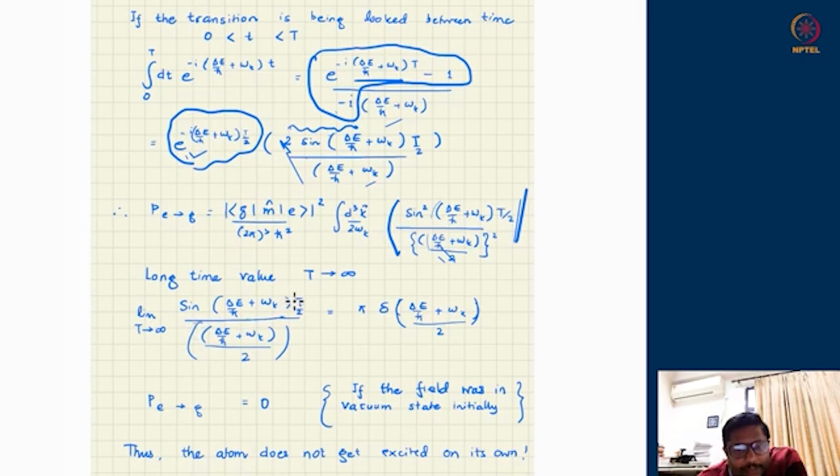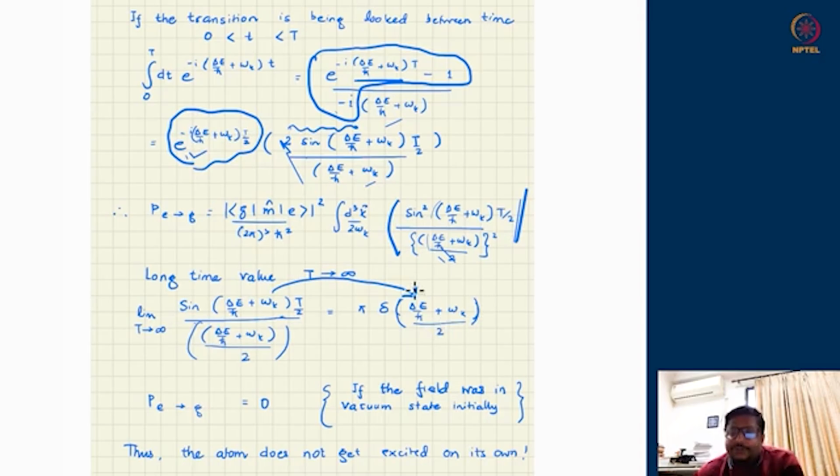That gives you pi times the delta function of a. So therefore, our a was delta E by h bar plus omega by 2. That will go and sit in the argument of the delta function. So I will get the limiting value of this sine square integral as just a square of this pi times a delta function. So pi squared times delta squared, two delta functions I will get with the same arguments.